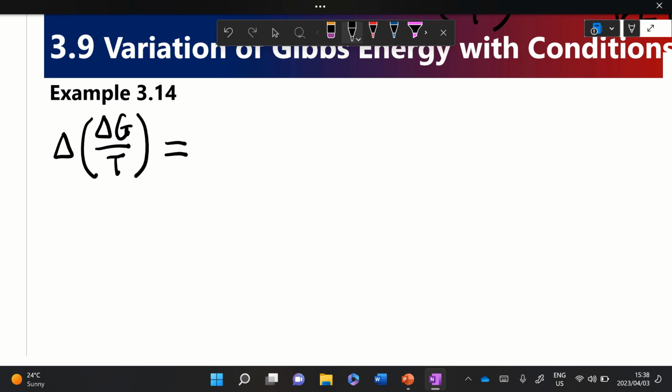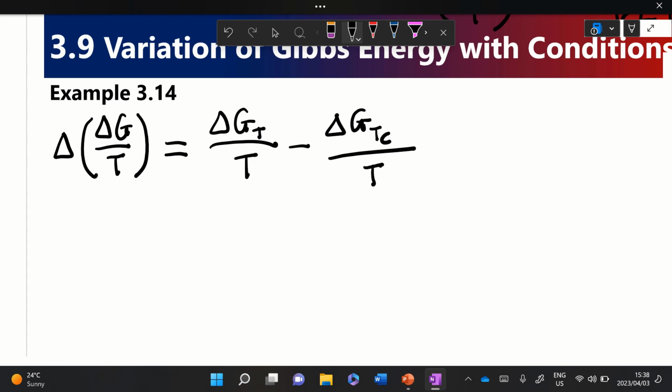Remember we have a T and a Tc, so that means delta G at T, which is the 500 Kelvin, over T, minus delta G Tc over T.